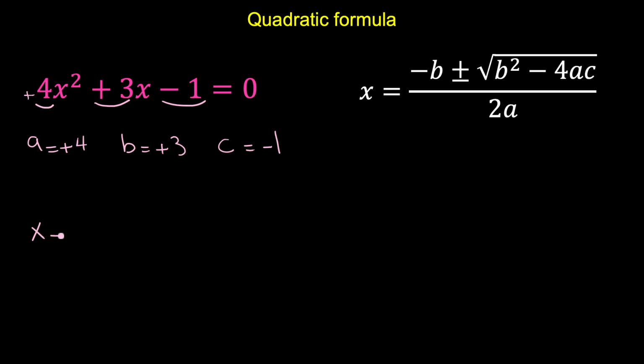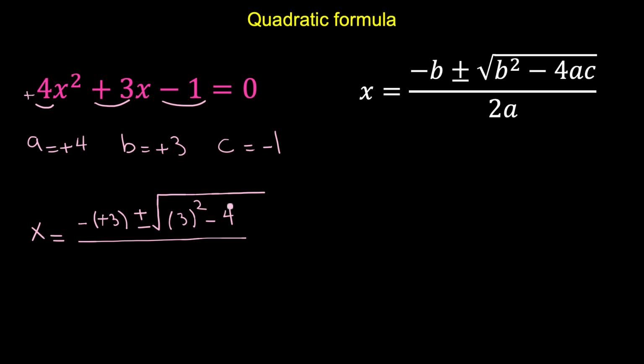So x equals minus b, minus positive 3, plus or minus the square root of b squared, which is 3 squared, minus 4 times a, which is positive 4, times c, which is minus 1, divided by 2a, 2 times a, which is positive 4.